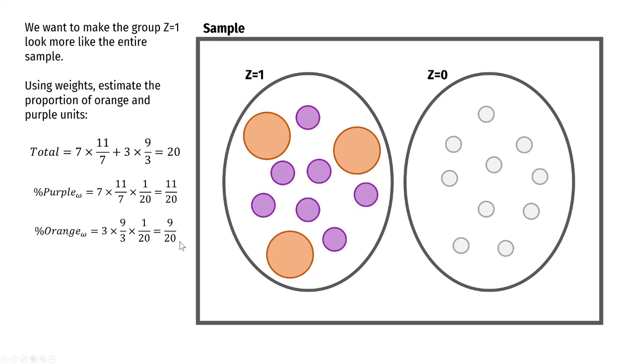And if you remember, these are the same proportions that were in the sample. So again, if I consider each of these units with their respective weights and do any sort of estimation, this sample now, using weights, is going to resemble, at least on observable characteristics, my whole sample.